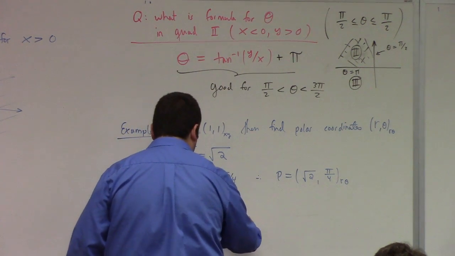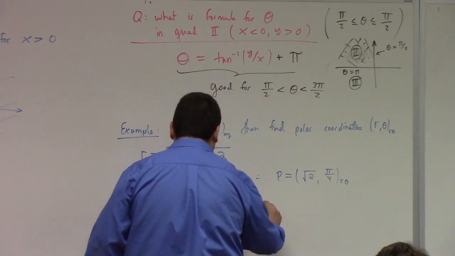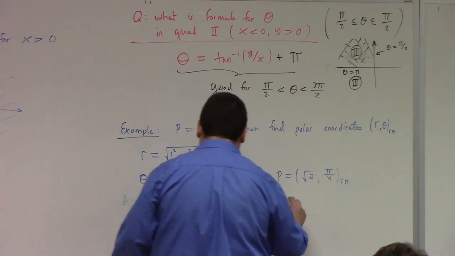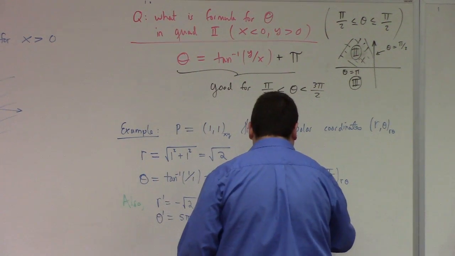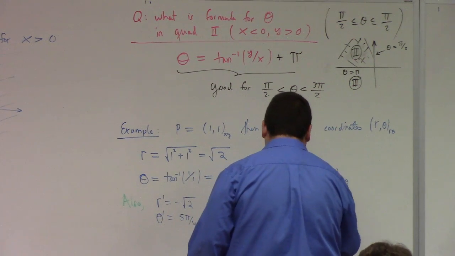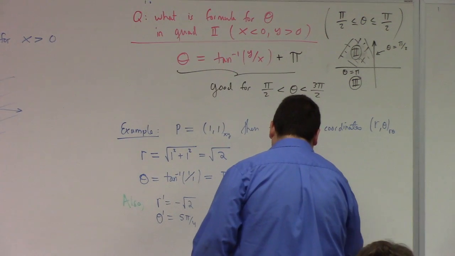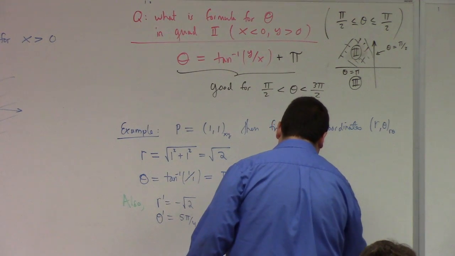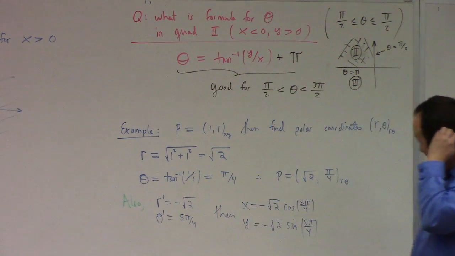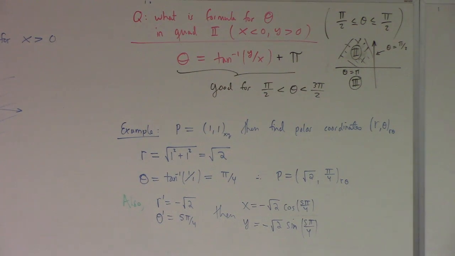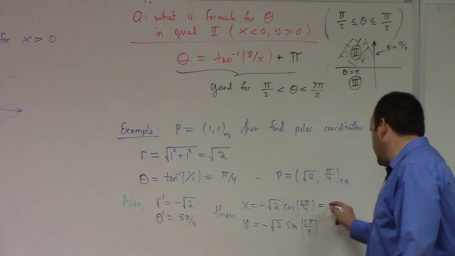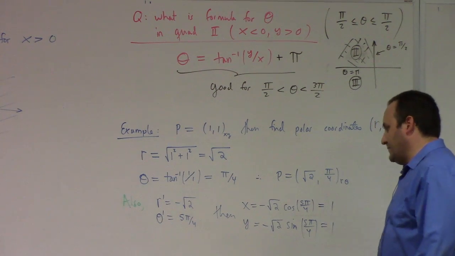Then if you look at x is equal to minus the square root of 2 times the cosine of 5 pi over 4, what do we get? If you feed negative root 2 and 5 pi over 4 into sine and cosine respectively, guess what? You're still going to get back 1 and 1, right?